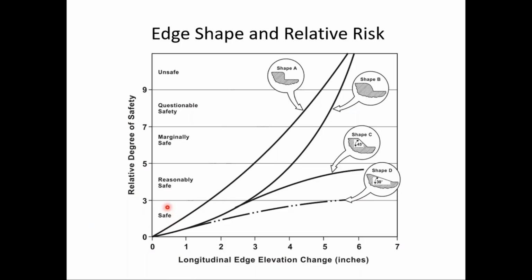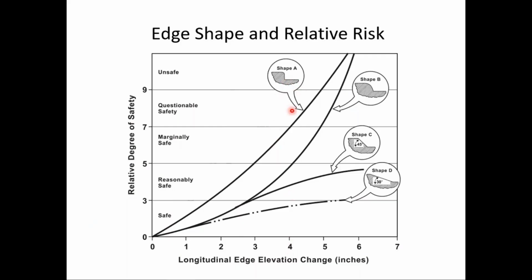So down here in this category, they call this safe, meaning a driver, even an inexperienced driver, should be able to get their vehicle back onto the road safely. Then in this area, we're talking about reasonably safe, above that, marginally safe, questionably safe, and then unsafe up here at the top. And the curves that you see are for different edge shapes.